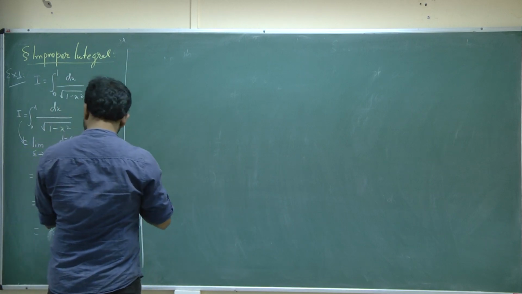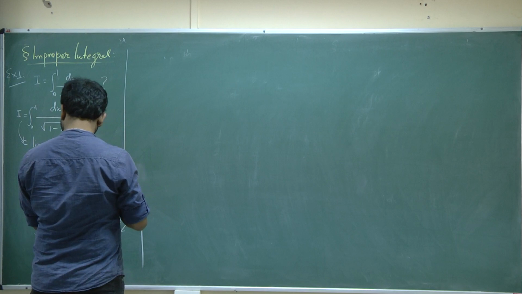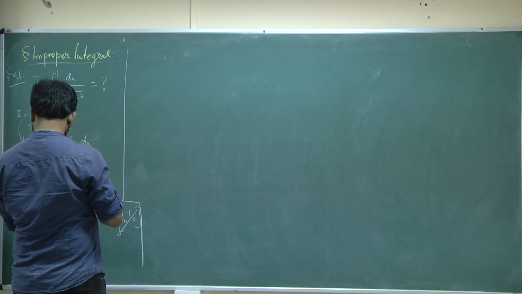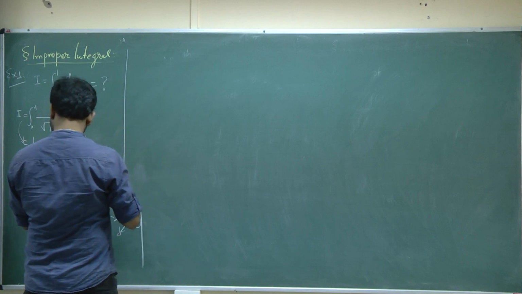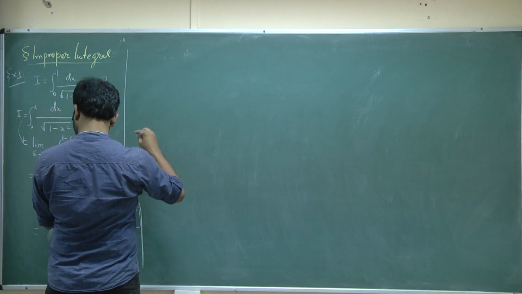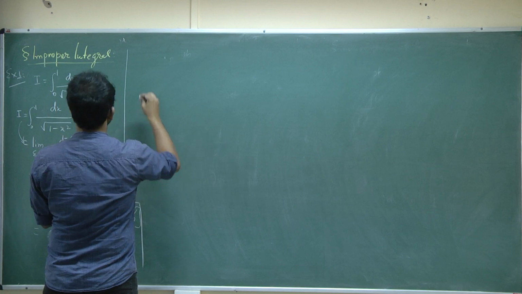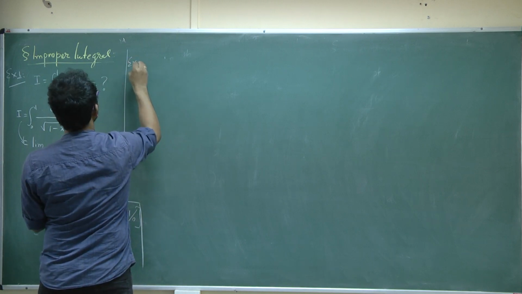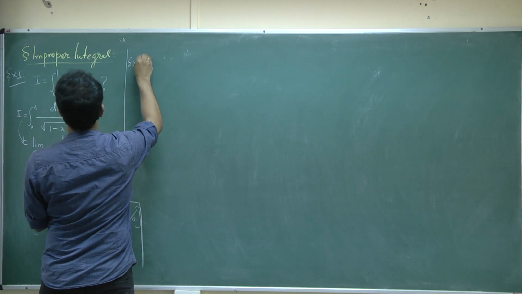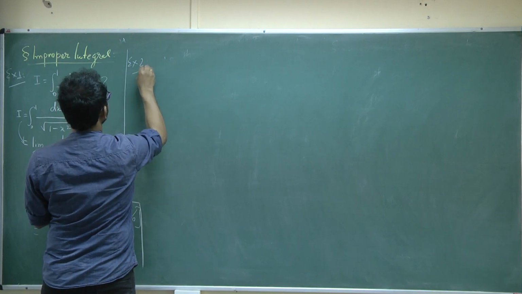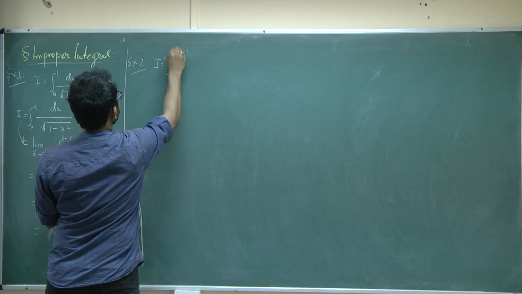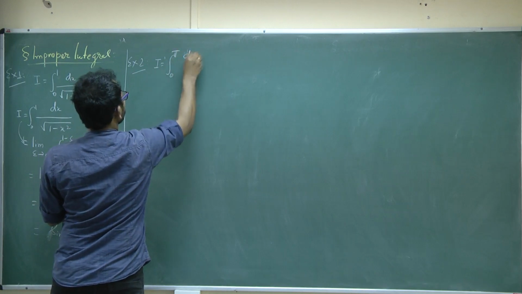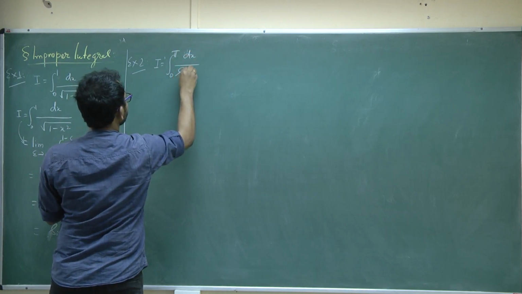So another example in this regard would be example 2. So we have I equals to integral from 0 to pi dx by sine of x.